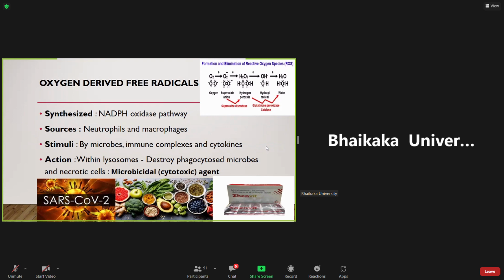That's all. Nothing per se prevents it. So yeah, oxygen derived free radicals are synthesized by the NADPH oxidase pathway. The sources are again your cells of the first line defense, that is neutrophils and macrophages, and it is stimulated by microbes or immune complexes, cytokines.